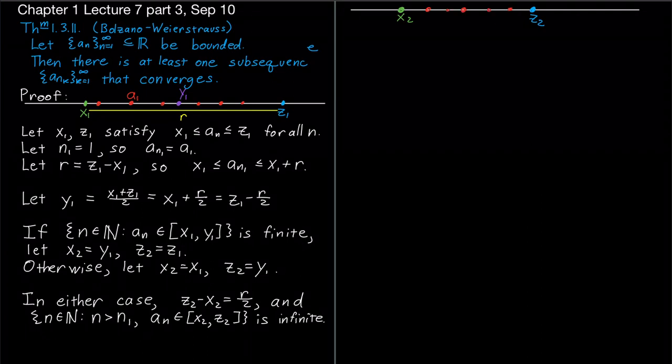And now there might be some points that are on the outside, on one side or the other, or that might even include our point a_n1, but that's not going to matter too much. And we're going to let n2 be the minimum. In the natural numbers, you can always take a minimum of that set I just wrote down.